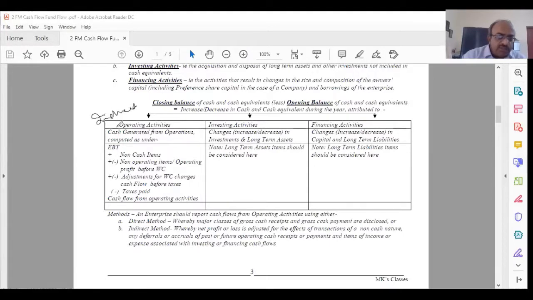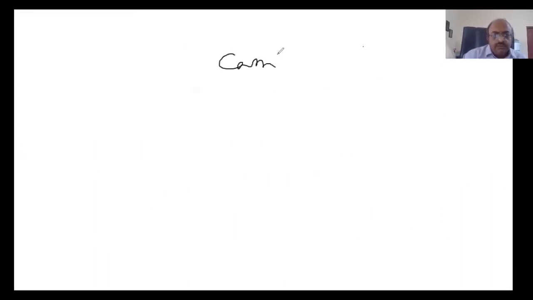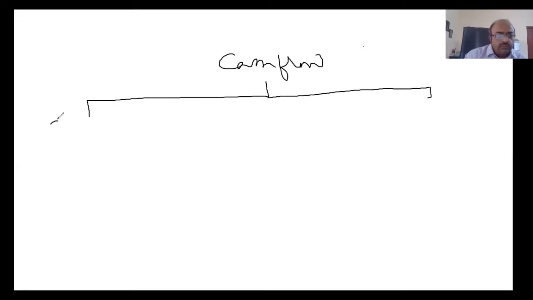I'll explain what is indirect and direct. But you need to understand that under these two methods, cash flow has operating, investing, and financing.